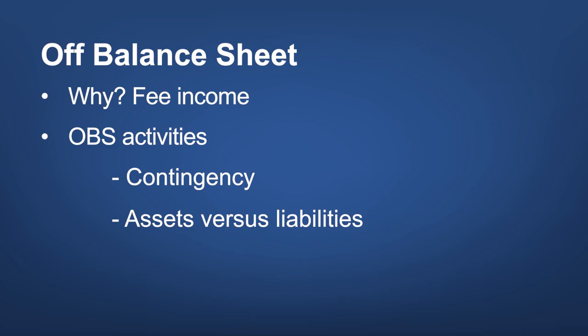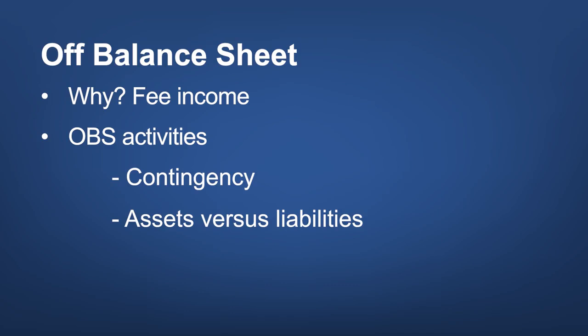To generate fee-based income, banks engage in a broad array of activities off the balance sheet. Some of these activities resemble traditional bank lending. Other items look more like insurance. What's important to remember is that off-balance sheet activities are contingent in nature.